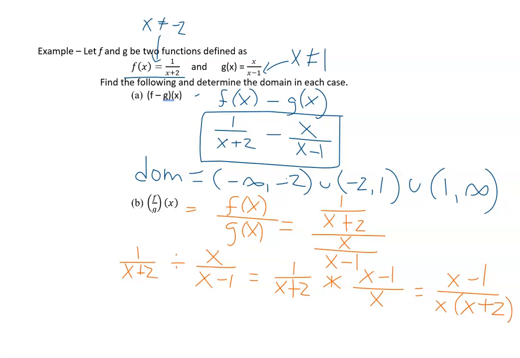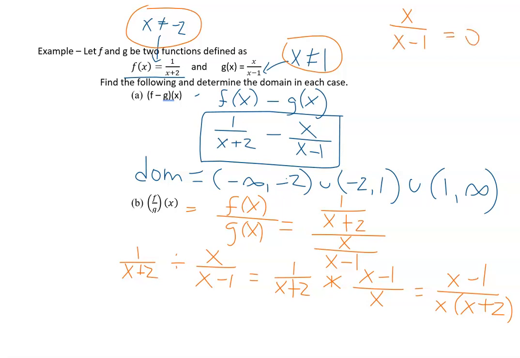And again, we have to make sure that we eliminate from our domain the -2, which is not included in f's domain, 1, which is not included in g's domain, and we have to eliminate anything that makes g of x equal to 0. So let's come to the side and see, where does g of x equal 0?